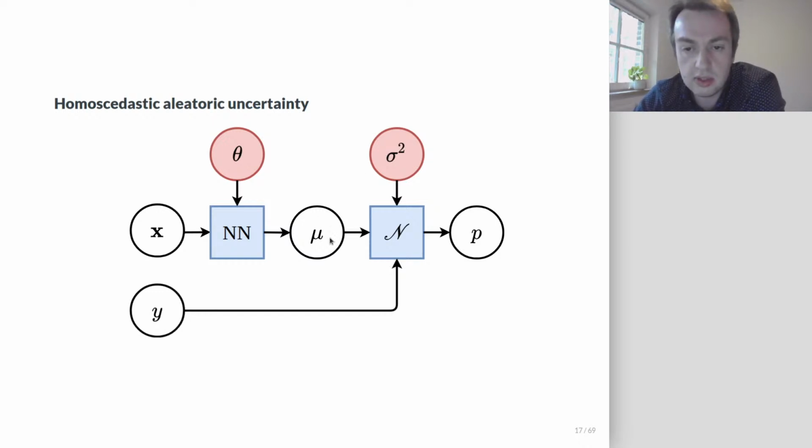And now that I have these two values, the mean and the variance, these two parameter values together specify the full conditional distribution p(y given x). And so I can take any y value and look at its density p, by just using the expression of the probability density function that we know for the normal distribution.